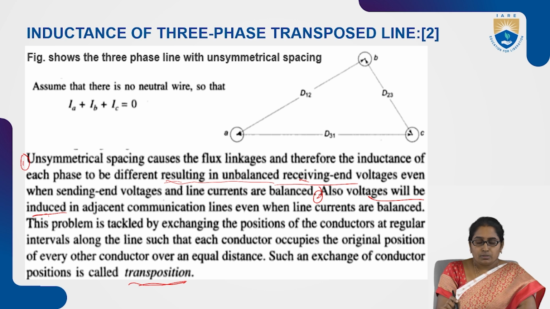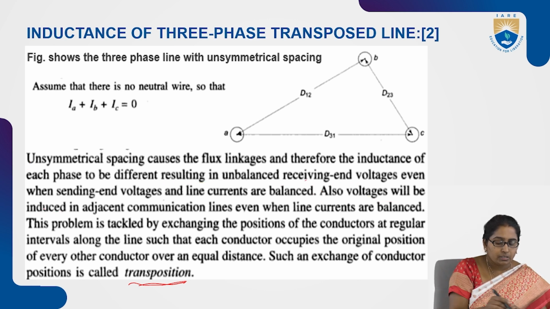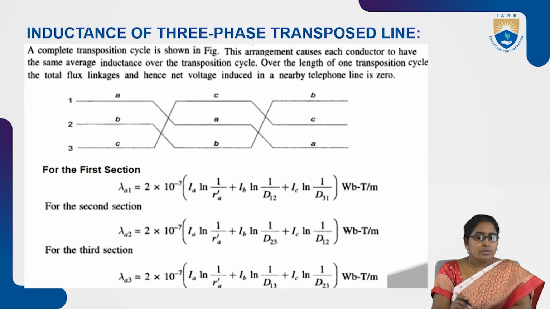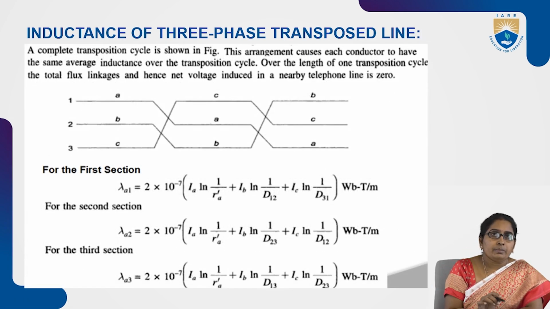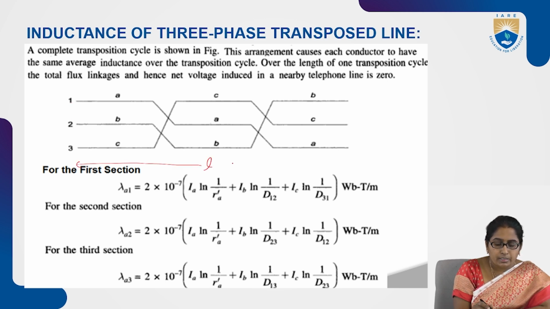I will show you, then you will understand. This arrangement is a transposed line. See the diagram. There are three positions, one, two, three, and the total length of the line is, let us say, small l.